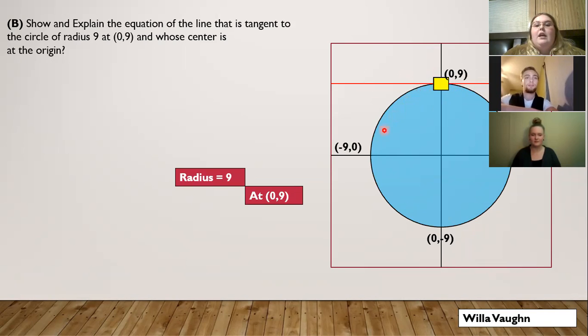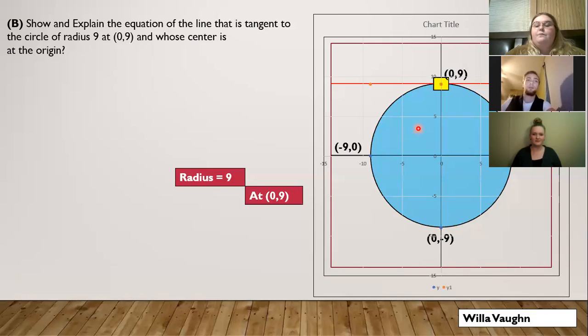So any of these, obviously it's a circle, it's going to be a curved line. So the radius is still going to be equal to 9, but it's going to be at 0, 9 now instead of 0, -9. Okay, so kind of following the opposite but equal idea. Yeah, exactly. It's an opposite point, but it's equal to the same radius of the first one.